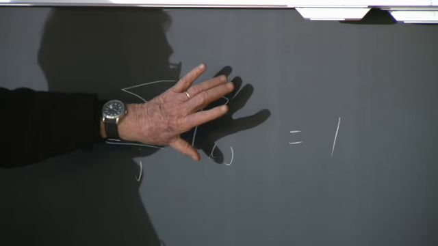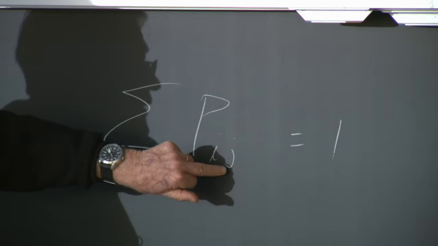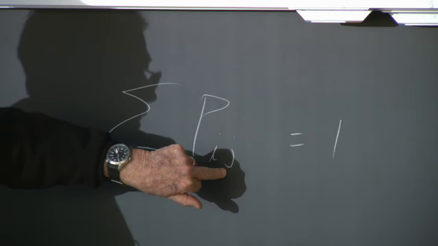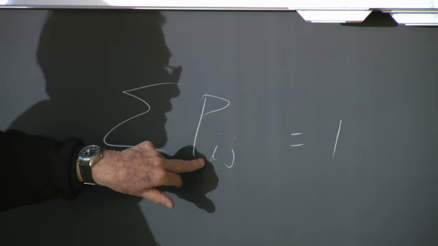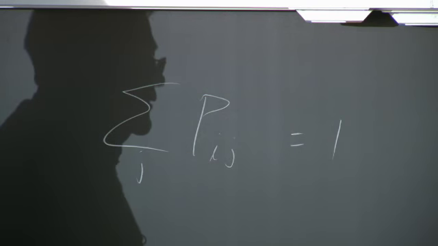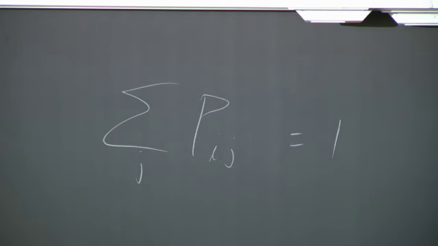P sub ij is the probability, given that you start in state i, that in the next step you'll be in state j. You have to be somewhere in the next step. So if you sum these quantities up, you have to get 1, which says you have to be someplace. Okay, so that's all this is saying.